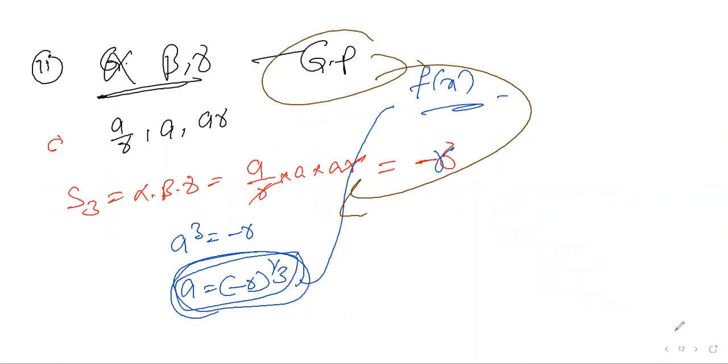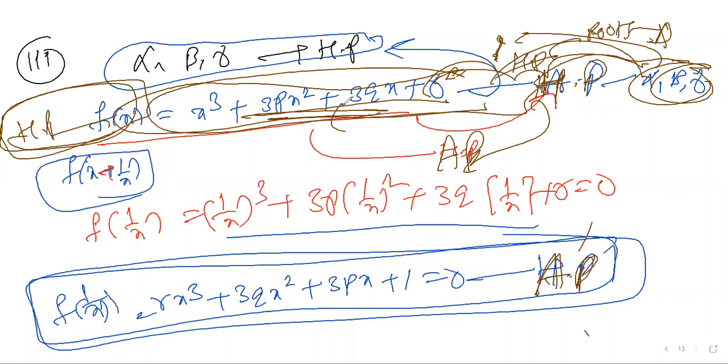What are the roots? Third case: my question is in HP. What is the condition? Your question is in HP, I convert your question to an AP question. Now treat it as AP. So I'll take a conversion of the question into AP.